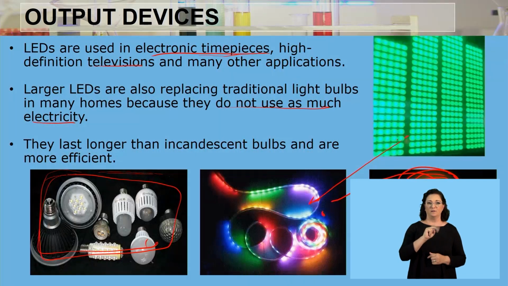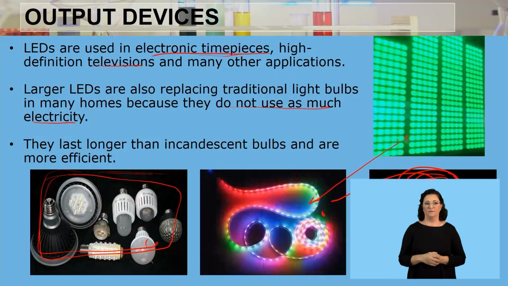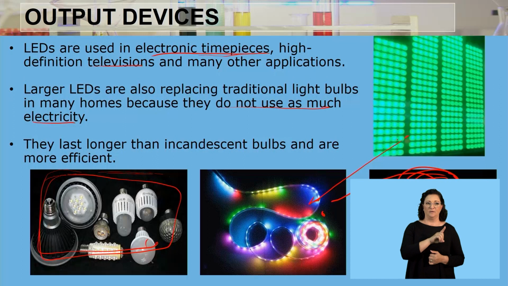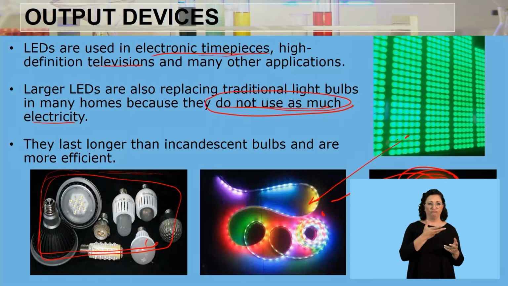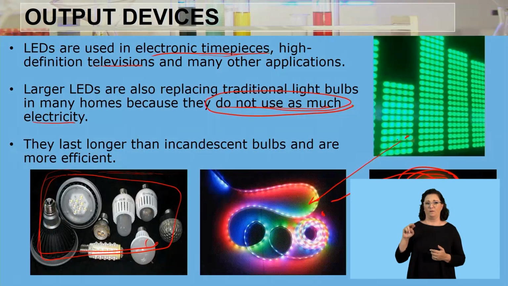So it takes a while for someone to come back and replace them. We use these LED lights in electrical circuits because they last longer and they do not use as much electricity as incandescent lights.